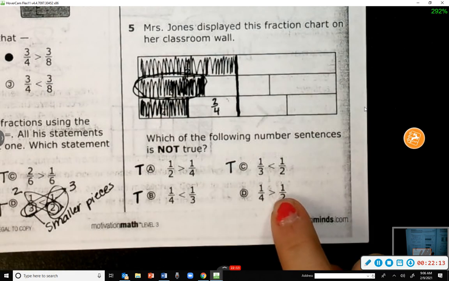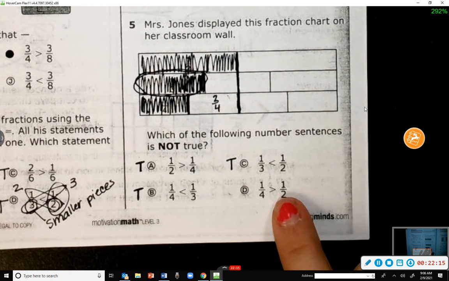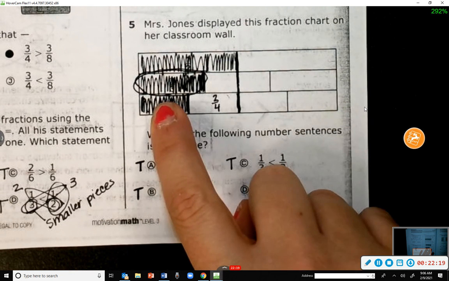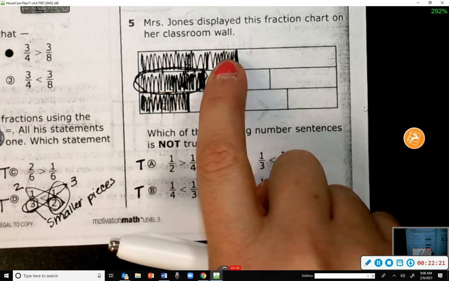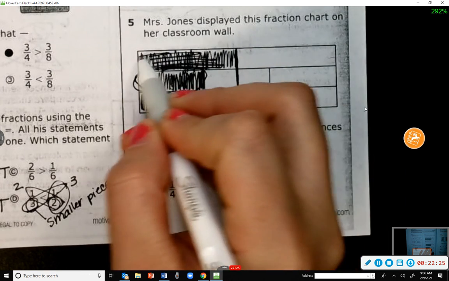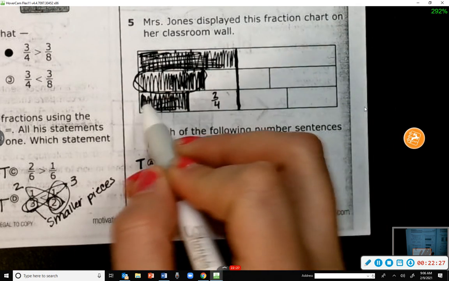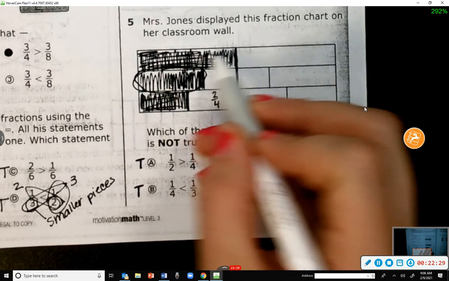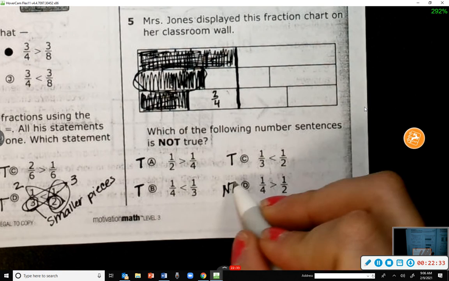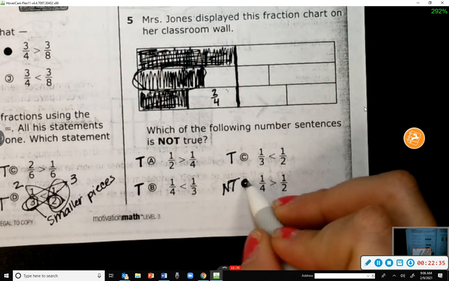That leaves us with 1/4 is greater than 1/2? No, wait. No, because here's 1/4. That piece is smaller than the 1/2 piece. Because this was 1/2. This is 1/4. 1/4 is not greater than 1/2. So D is the correct answer.